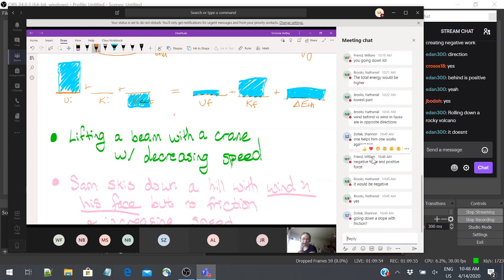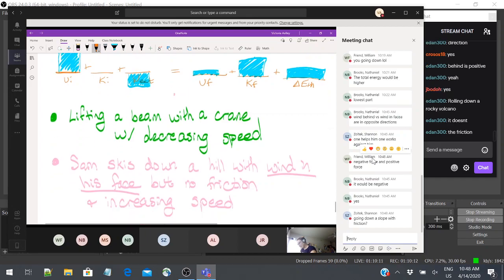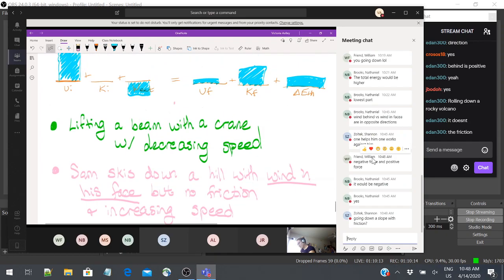What is doing the external work in that case, Eden? Okay, so Shannon says going down a slope with friction. Okay, the external work for your case as well, Shannon. So, can I move this? I'm gonna move this.